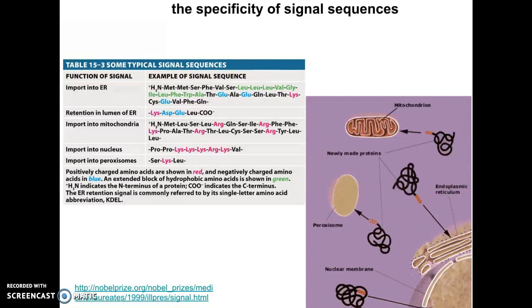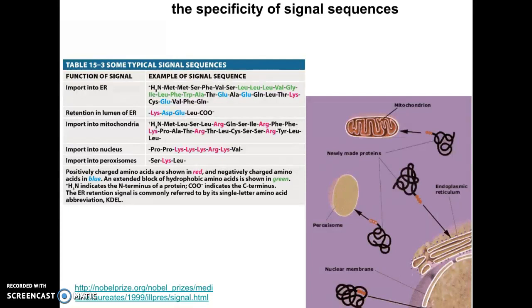So once a protein is recognized as being supposed to be in the ER, the Golgi, the lysosome, or any of the membranes, or if the protein is supposed to be secreted from the cell, exported from the cell, then it is going to have this short hydrophobic region at the N-terminus. Now, that's only going to target it to the ER.